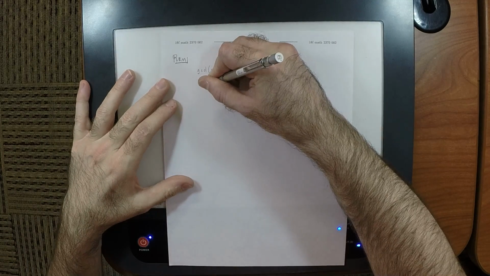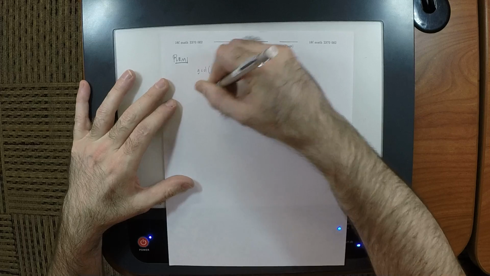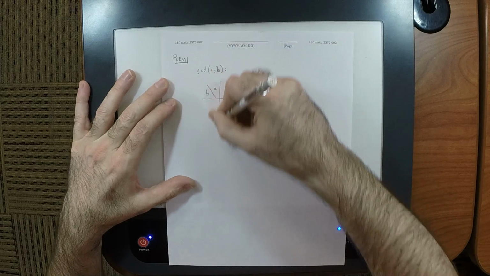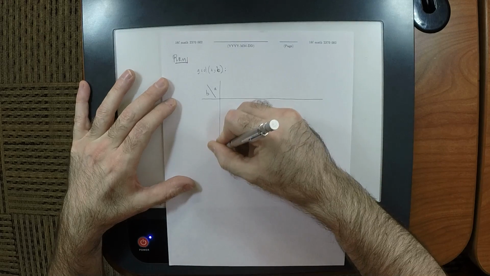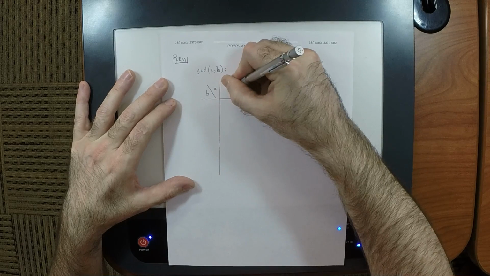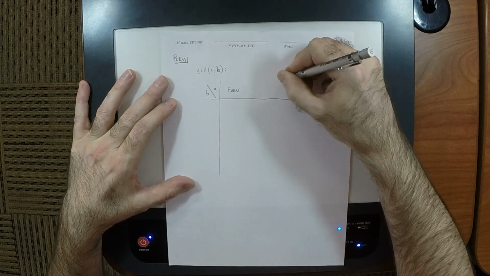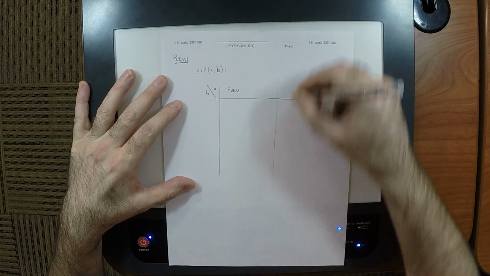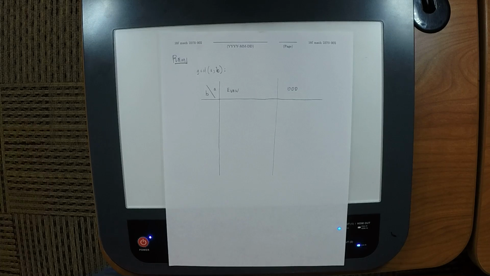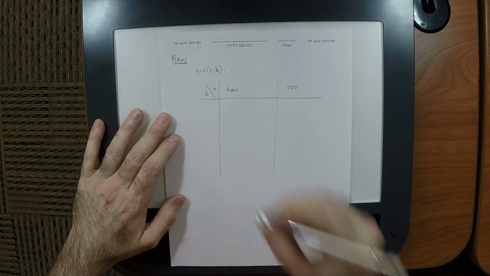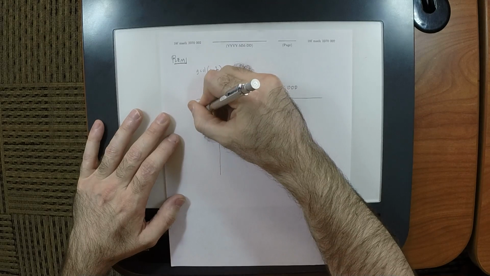So we could say, all right, concerning A and B. A is either even or it's not. Those are the only conceivable possibilities. And similarly, concerning B, it's either even or it's not.